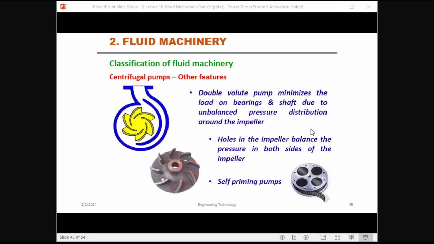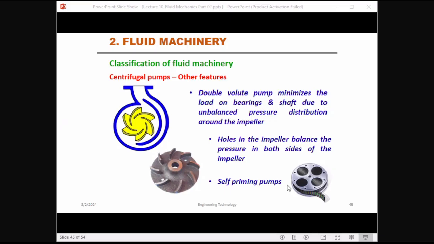This is a mechanism that allows the pump to create a vacuum and draw the fluid into the pump casing automatically. Self-priming means that when you start the pump, you can start it without fluid using this self-priming mechanism.